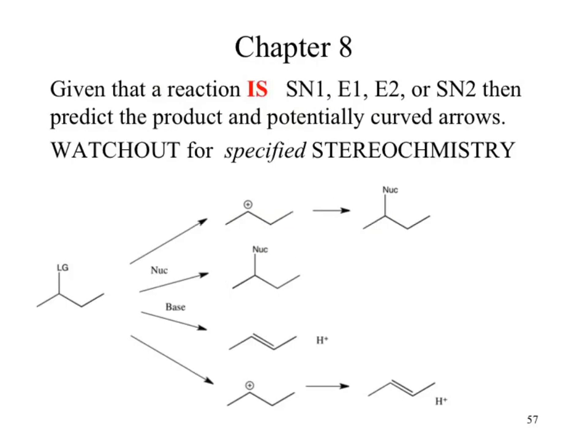Okay, Chapter 8. In Chapter 8, you're really given one condition. You are told there's SN1, E1, SN2, and E2. Those are the mechanisms. Do them. So I say, here's your starting material, I want you to do an SN1. Do an SN1. If you've already started to work into Chapter 9, you're like, but this shouldn't do SN1. I don't care. It says do SN1.